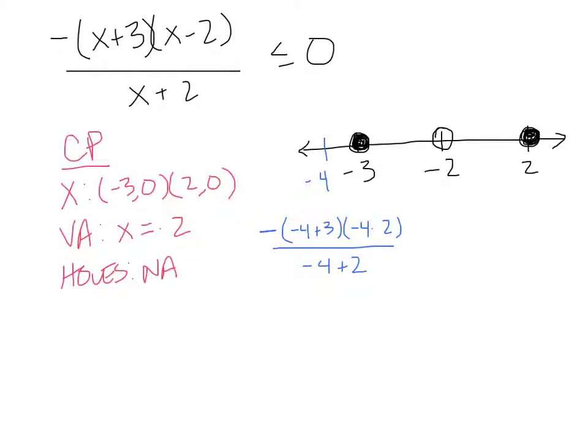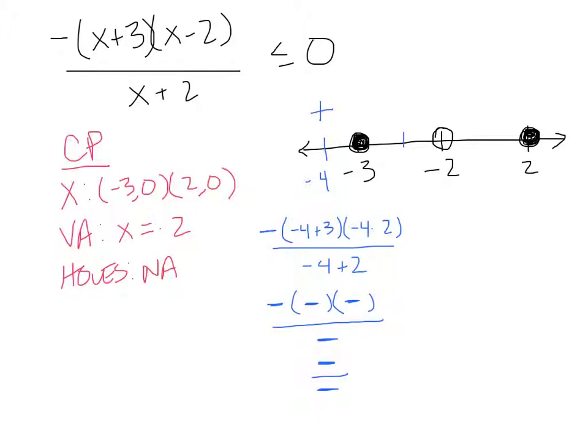I'm going to go back to doing that here too. I have a negative times a negative times another negative over a negative. Well, a negative times a negative is a positive, times another negative is a negative. So I end up with a negative over a negative, which is a positive. So that is going to be my first interval. It's going to be a positive interval.